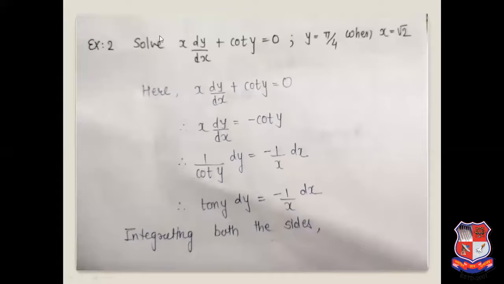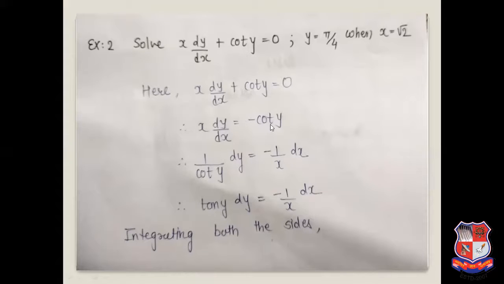Example number 2: solve x dy by dx plus cot y equals 0, y equals pi by 4 when x equals root 2. Again, here we try to separate variables y and x. So x dy by dx plus cot y equals 0, so we can write x dy by dx equals minus cot y.